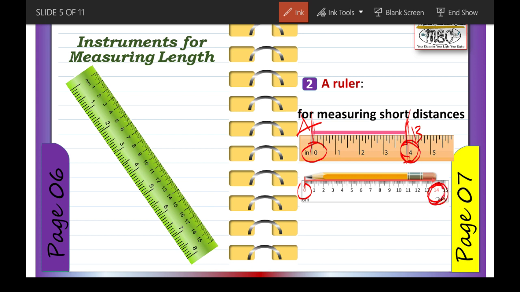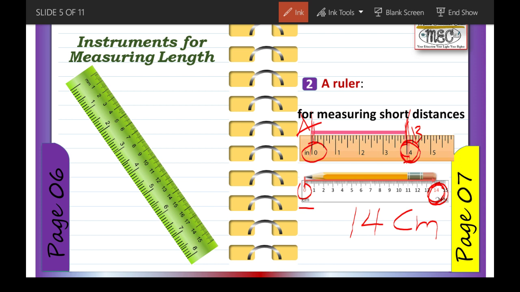So this ruler is graduated or scaled in centimeters. Who can tell now the length of this pencil? You have to record from 0. Now you name 1, 2, 3 until you get to the last point of what you are measuring. Wow. So the length here of our pencil is 14 centimeters.